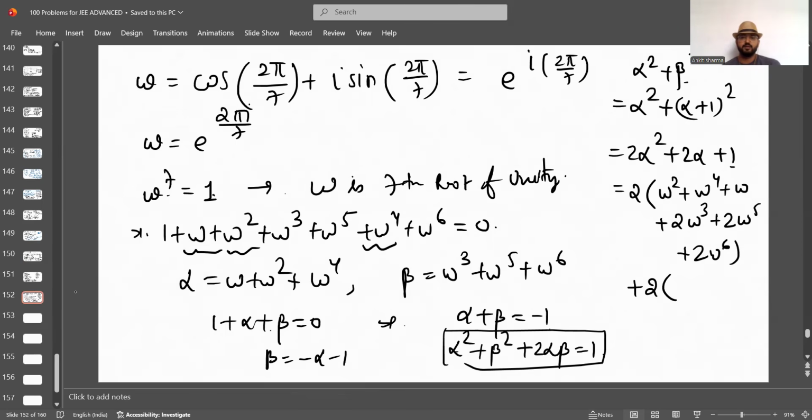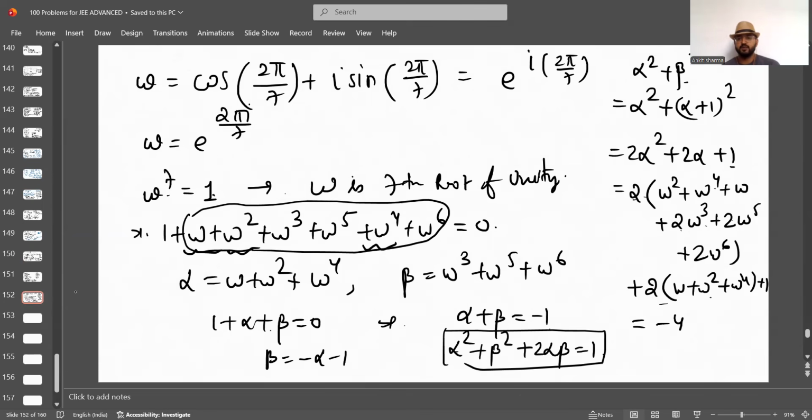Alpha turns out to be, again, omega plus omega square plus omega 4, plus 1. So now if you look at this, then this is 2 omega square plus 2 omega square, 4 omega square, 4 omega 4, 4 omega cube, 4 omega 5, 4 omega 6. So all of this turns out to be this much multiplied by 4. So this total is 4 omega. So I get this entire quantity as minus 4 plus 1, which is minus 3.